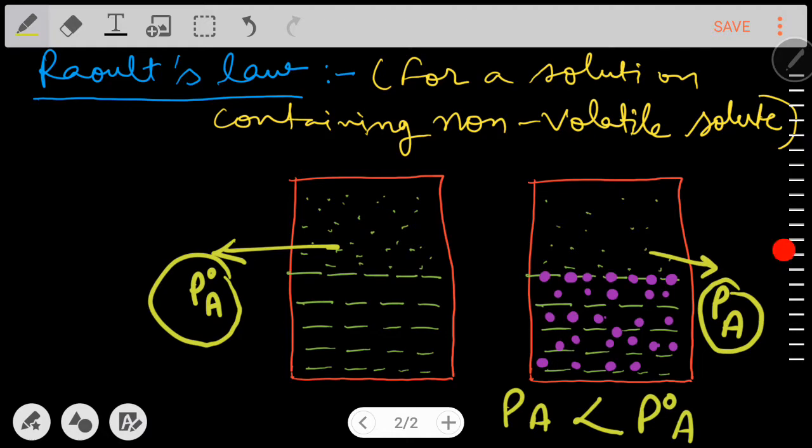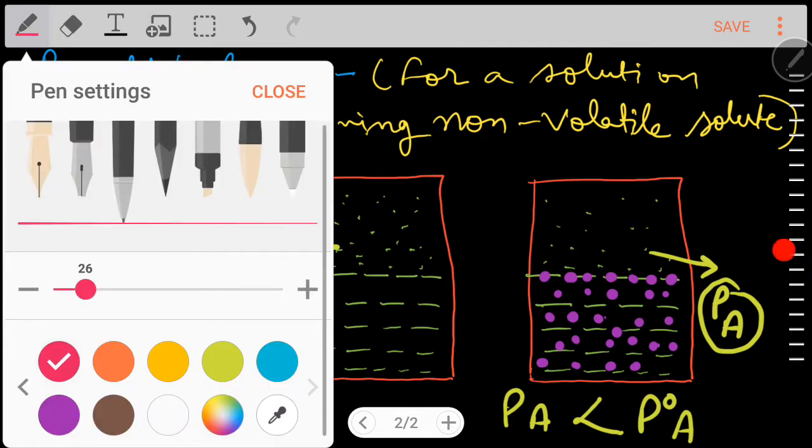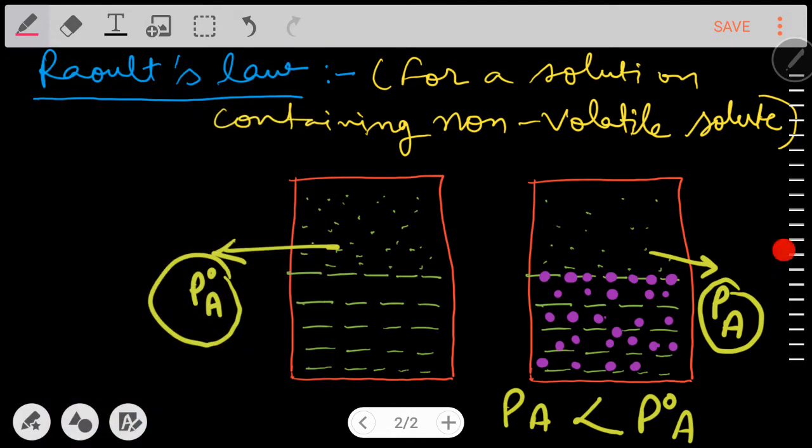According to Raoult's law, the vapor pressure of solution, that is Pa, is directly proportional to the mole fraction of solvent in it.